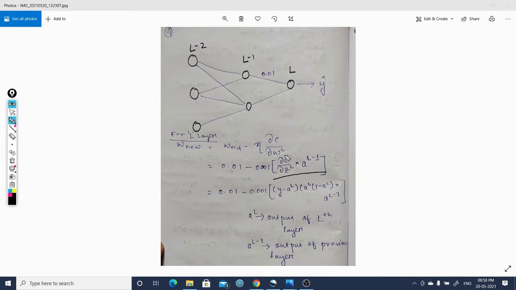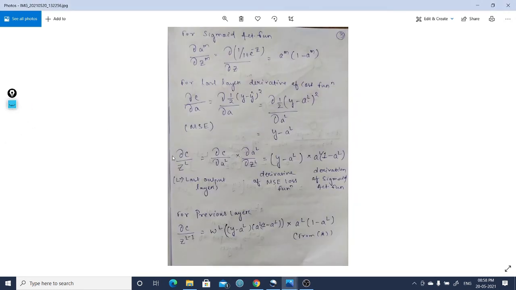dC by dZ, I told you for the last layer, is how it is going to be calculated.